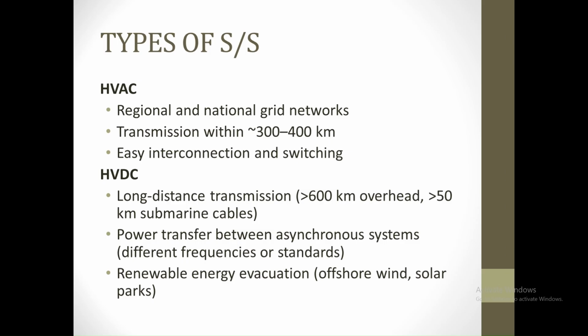Next comes the supply. Most of the time, what we have discussed is AC transmission and the HVAC network. Similarly, we have the HVDC network also for long distance transmission. There is a break-even point up to how many kilometers HVAC is viable, and after how many kilometers HVDC should be used.